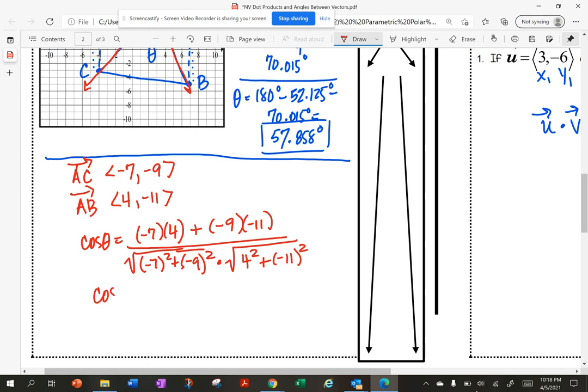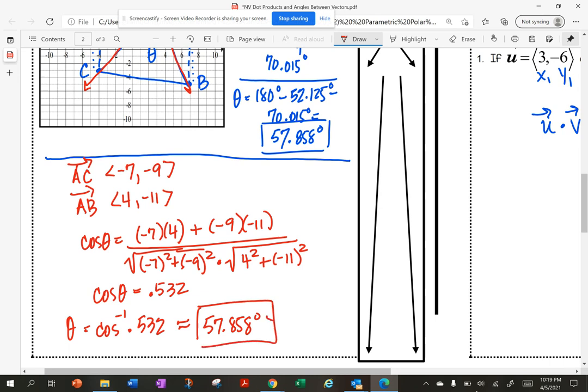So I get the cosine of theta equals 0.532. So theta is the cosine inverse of 0.532, which is 57.858 degrees, which is what I got up here.